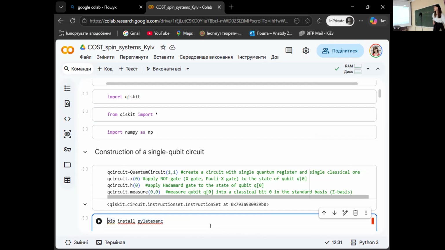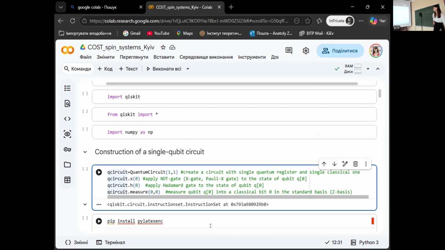So we create a quantum circuit. You can see this is a quantum circuit which contains 1 qubit, this first number, and 1 classical bit to write the information from quantum measurement. Then we act with the X gate. X is the NOT gate in quantum programming, on qubit 0.